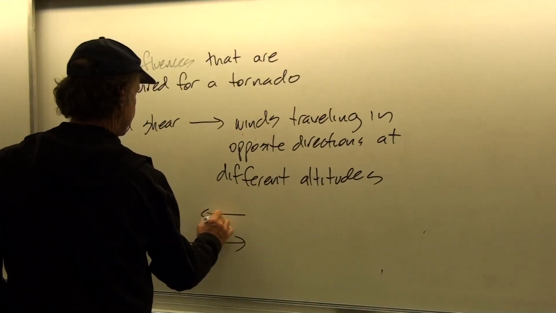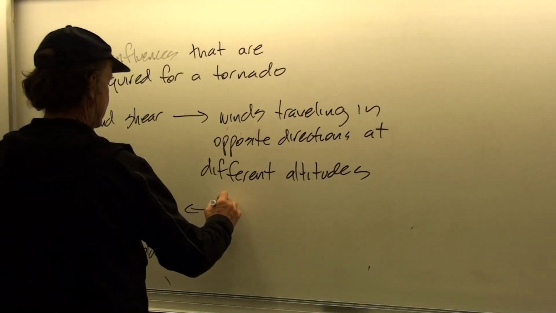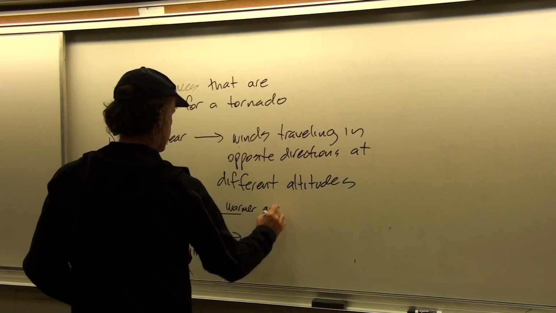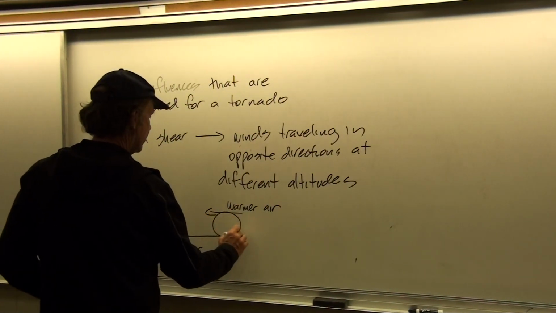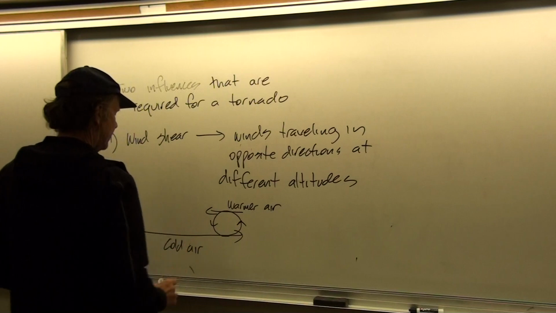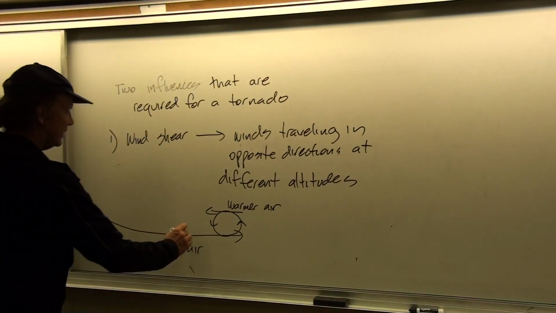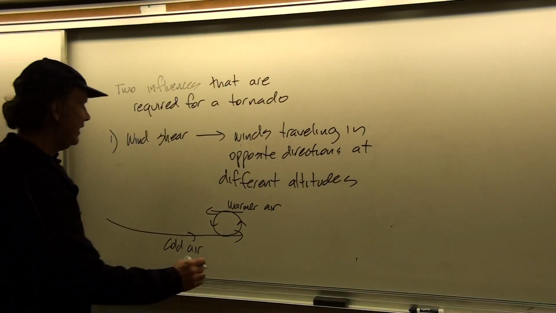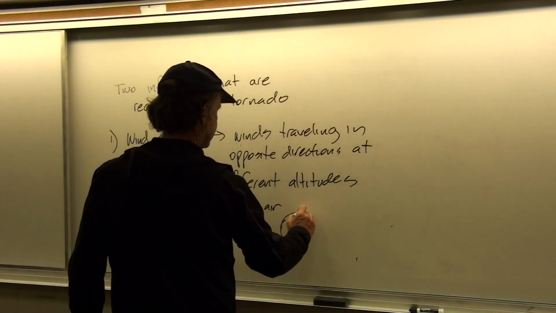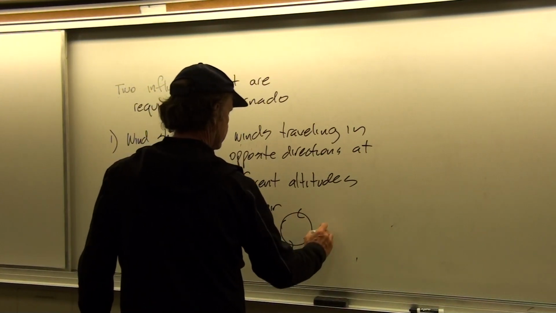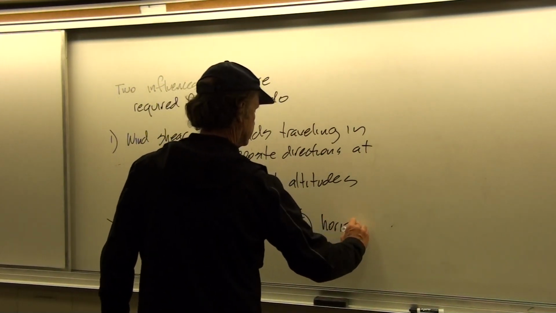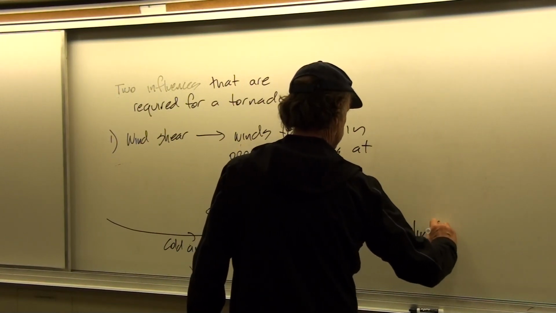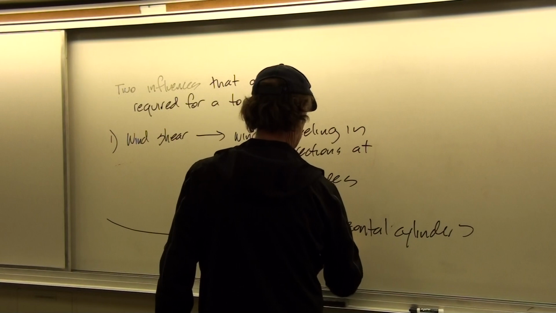And then at altitude you may have an outflow of warmer air. And so what this will tend to do then, if the conditions are right, is this wind shear between the differences in wind velocity at lower altitude, higher altitude, can then create these horizontal cylinders of rotating air.